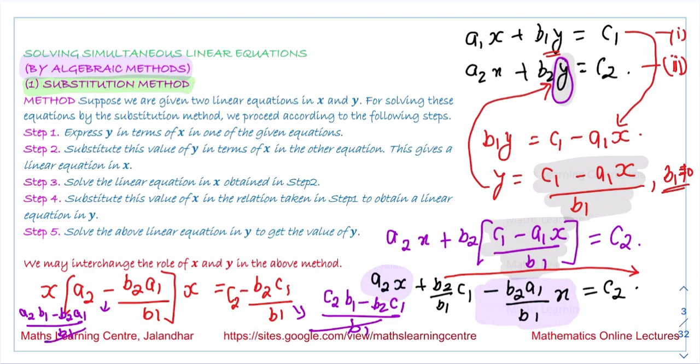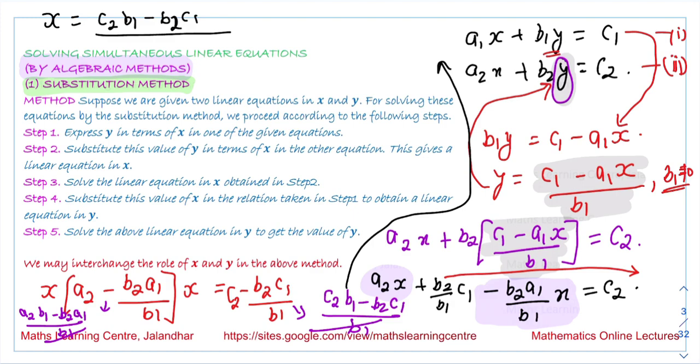So this b1 gets cancelled and the value of x that we get from these equations is equal to (c2 b1 minus b2 c1) over (a2 b1 minus b2 a1).